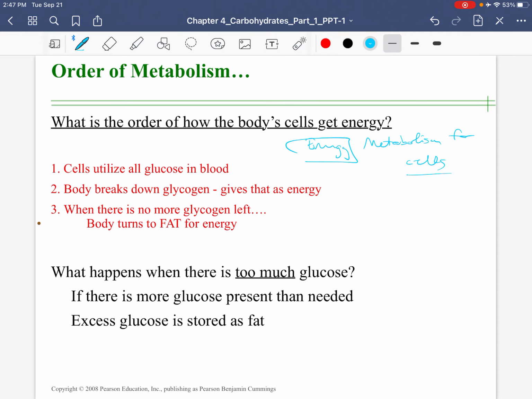So even though metabolism technically is the sum of all the chemical reactions, we can also look more specifically at certain parts of it. Here, I only want to look at the part of metabolism that would be the chemical reactions involved in producing energy at the cells. Energy metabolism for cells is basically how our cells produce energy.